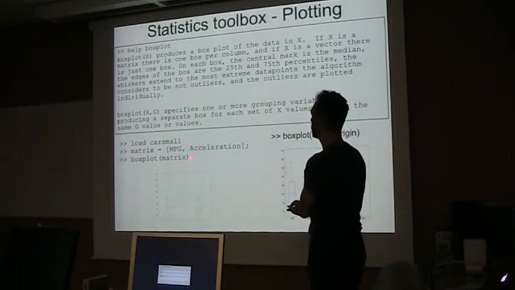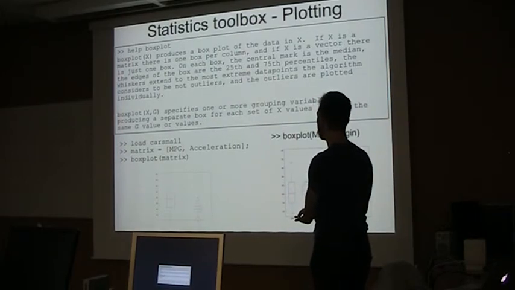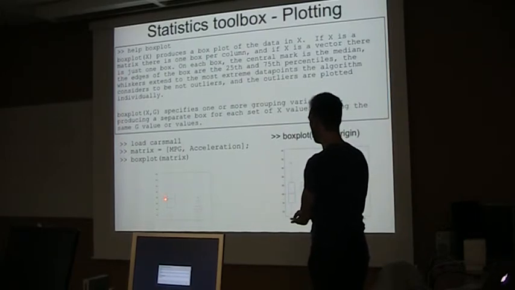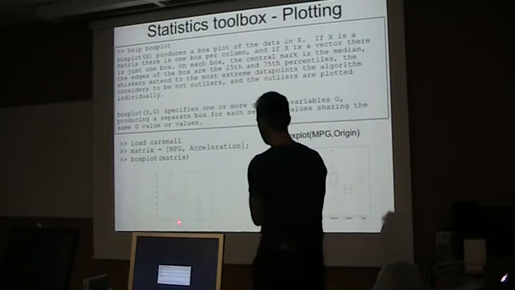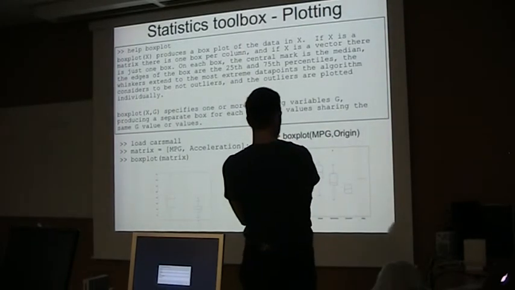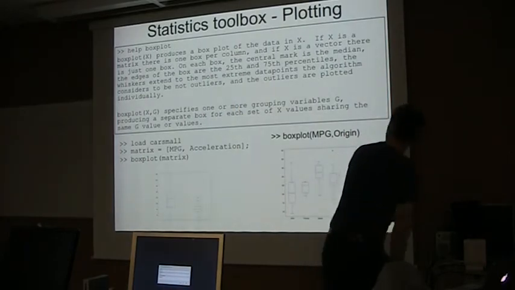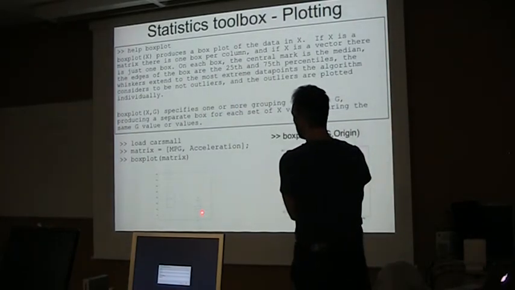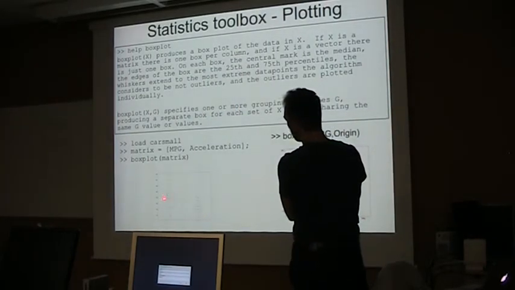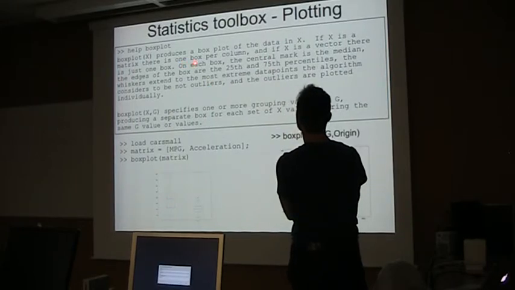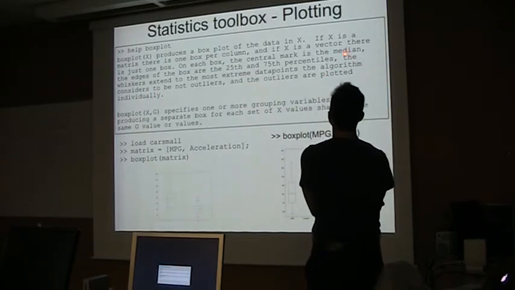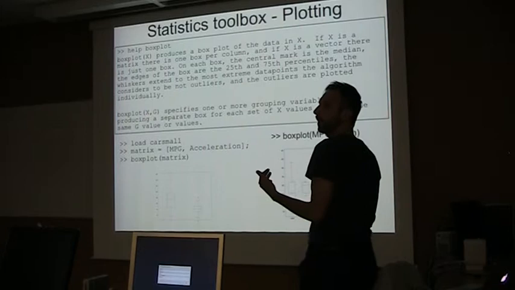And then I just did boxplot of the matrix, and I get the two variables, miles per gallon and acceleration. I get the median, per default. You can modify these parameters in the boxplot.